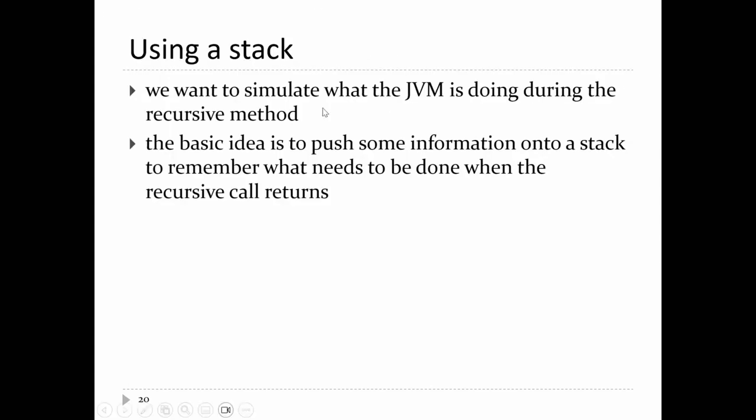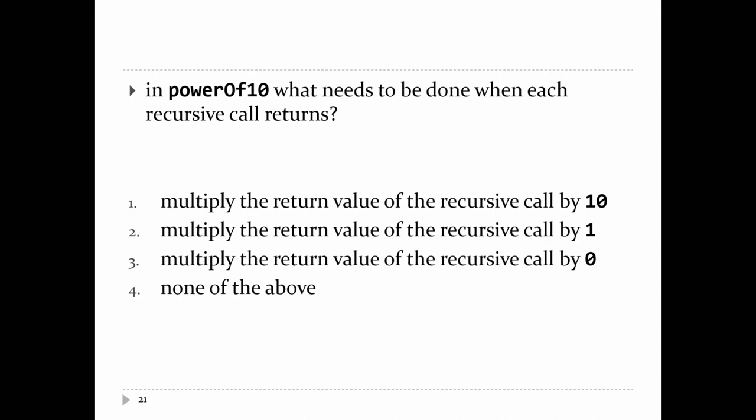Okay, so if you want to take a recursive method and turn it into an iterative one, you can simulate that stack yourself, right? So the basic idea here is I want to push some information onto a stack, to remember what needs to be done when each recursive call returns.